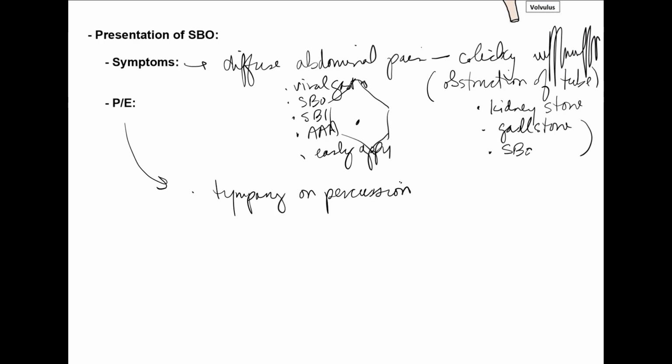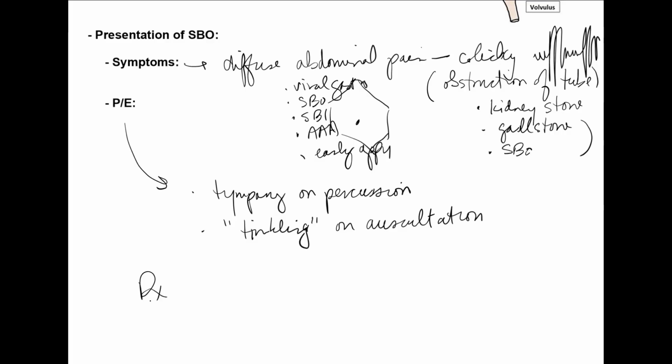The trapped gases create a rather drum-like structure, and so one gets hyperresonance by tapping on the abdominal wall. The other important finding is that there are sounds on auscultation. These are often described as tinkling bowel sounds. And this is important because in small bowel infarctions, there's usually no sounds at all.